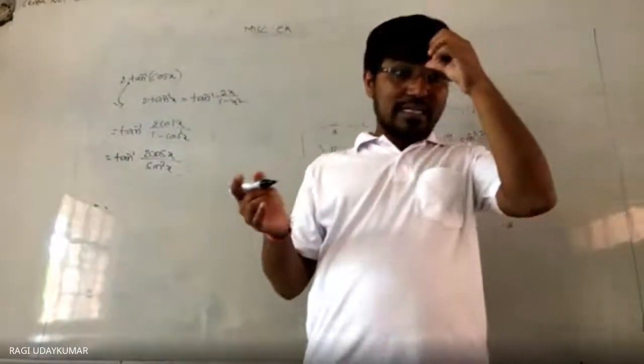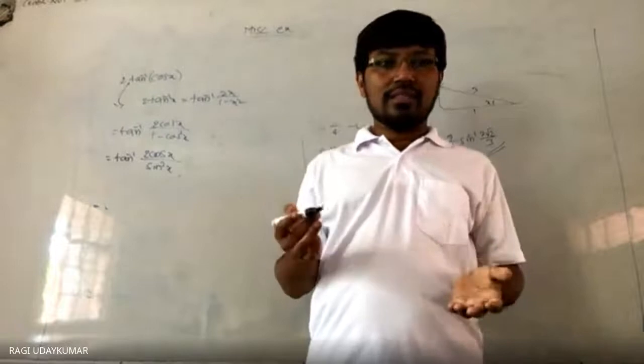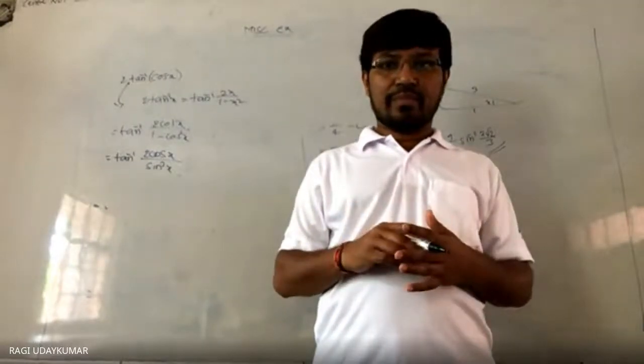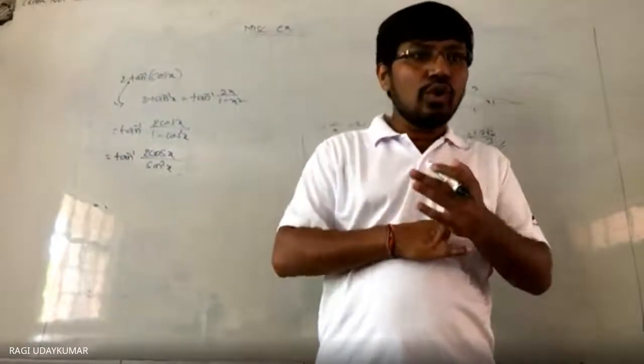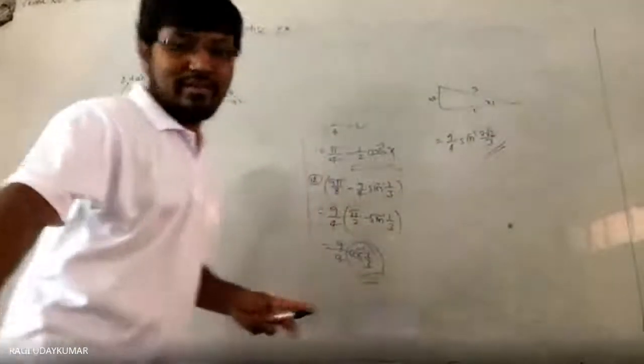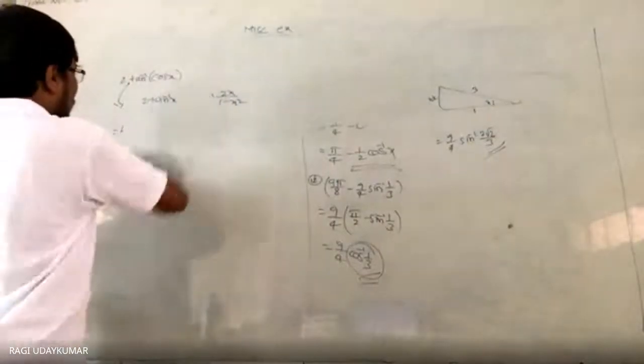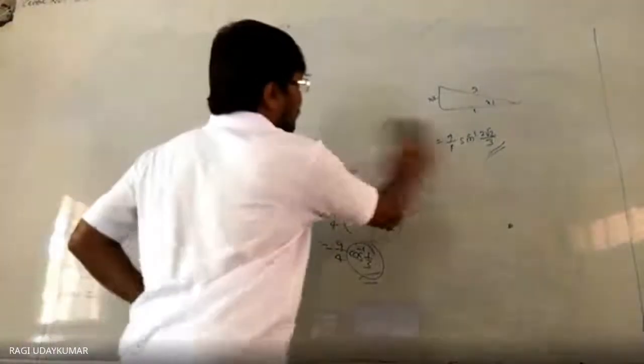2 cos x by sin square x. Sorry, the question is asking you to solve, not simplify.